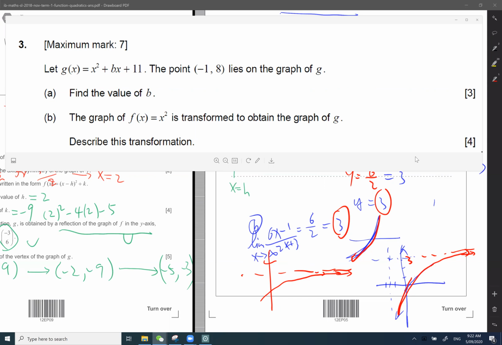Try part B. And part B, the first part is just substitution.